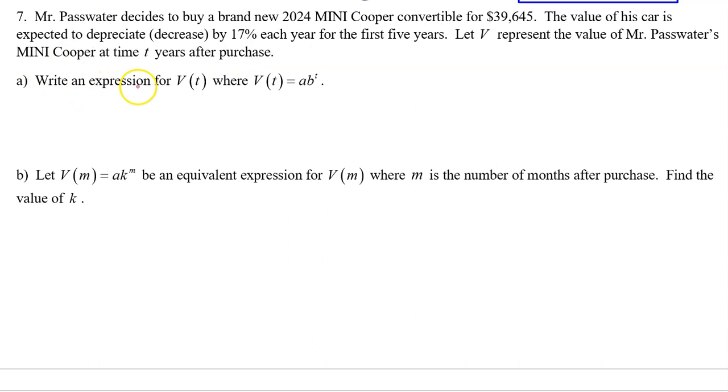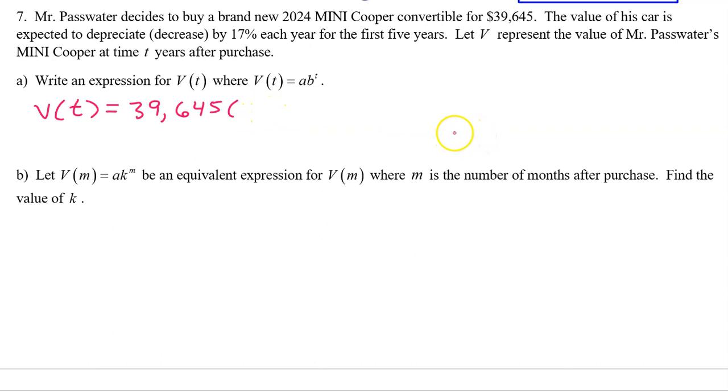Part A. Write an expression for V of t, where V of t equals a times b to the t power. The a value is the initial amount, so 39,645. The b value is the growth factor.